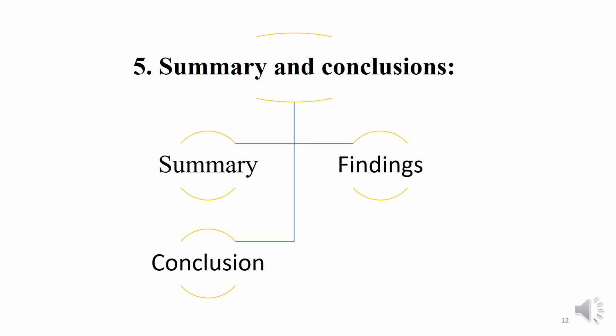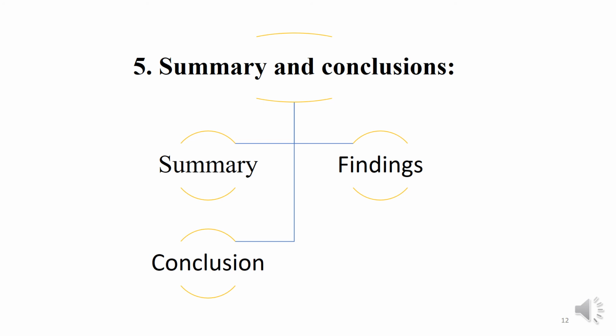Findings are statements of factual information based on the data analysis. Conclusions are answers to the questions raised, or the statement of acceptance or rejection of the hypothesis proposed. The purposes of conclusions are to remind the readers of the thesis and provide a sense of finality.